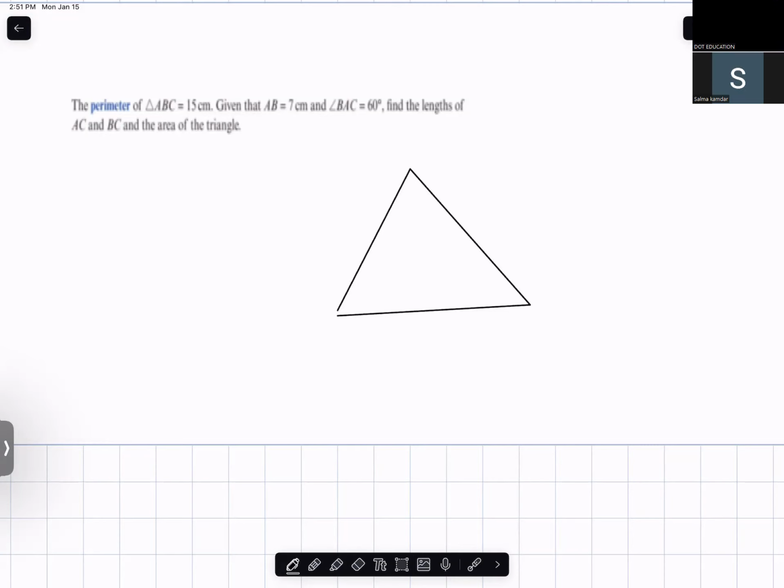We have A, B, and C. AB is 7 cm and angle BAC is 60 degrees. Then we have the perimeter of ABC, and we know perimeter is all the sides of your triangle added.